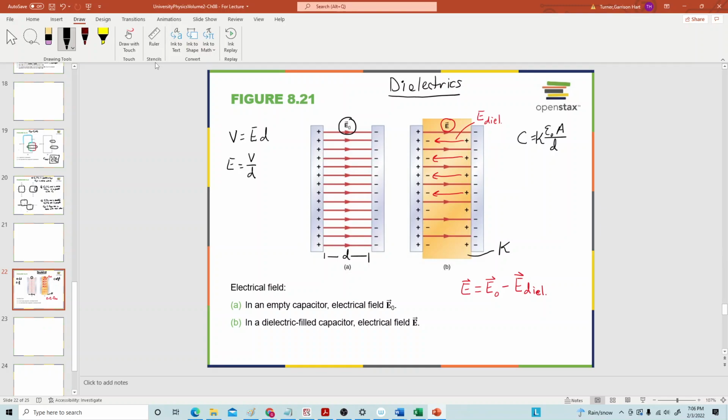That happens when you apply too much voltage between the plates, because C is also equal to Q over V. And so once again, remember that Q is equal to CV. As you increase the voltage, you increase the amount of charge.